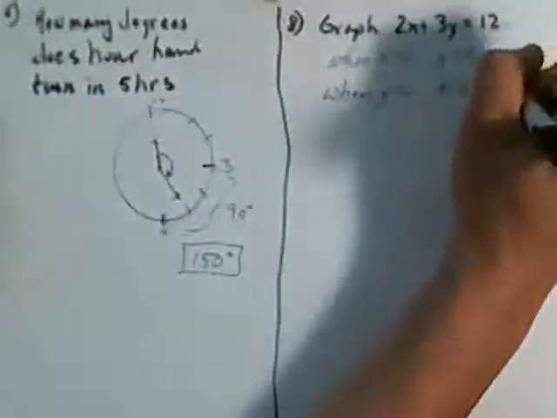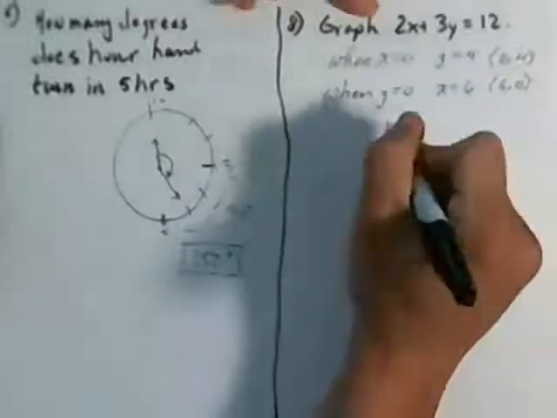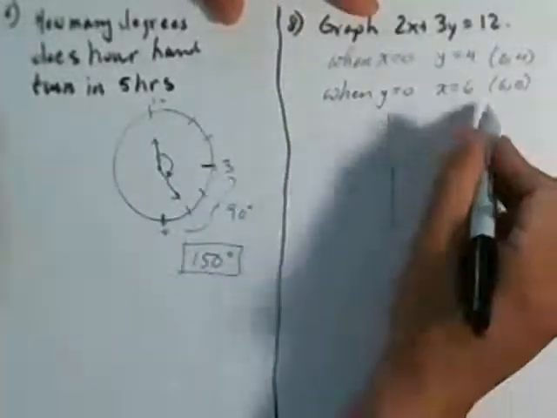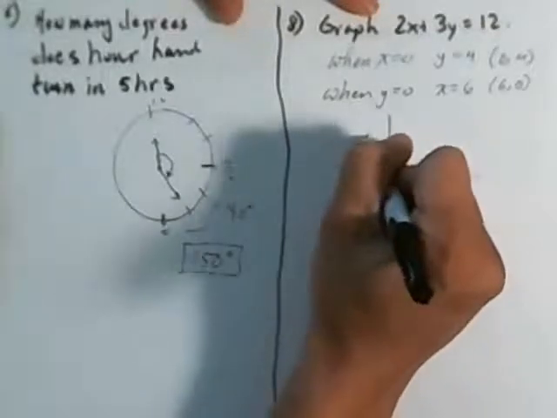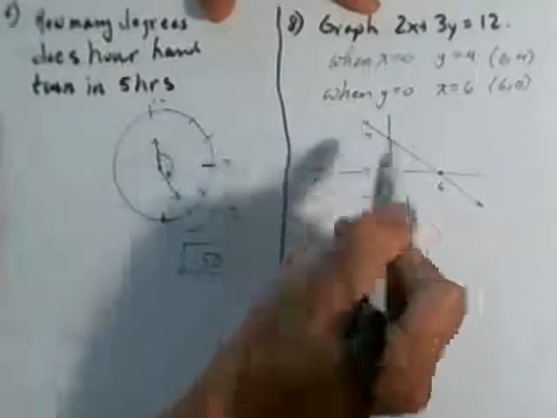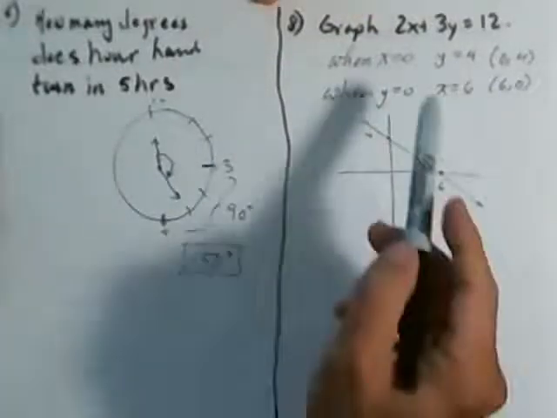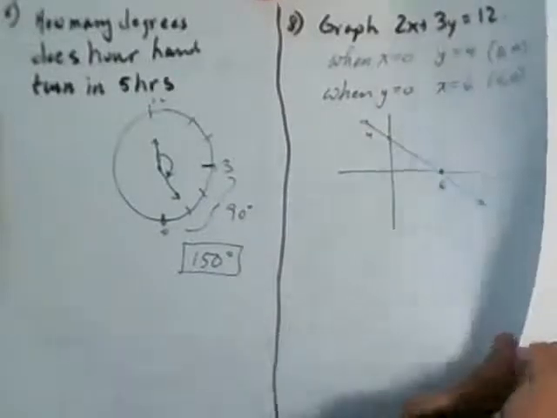So your coordinates are 0, 4, and 6, 0. 6, 0 is located here. 0, 4 is located here, and what you do is you just draw a line going through those 2 points. That's a quick way if it's standard form instead of slope-intercept form. Okay, guys?